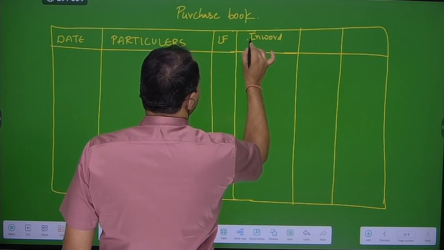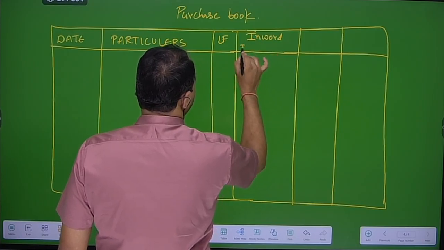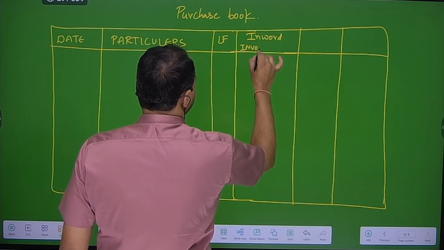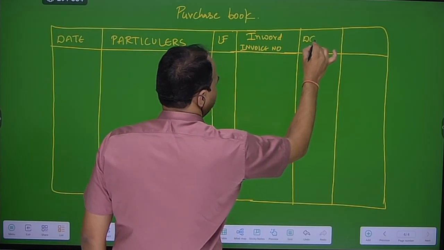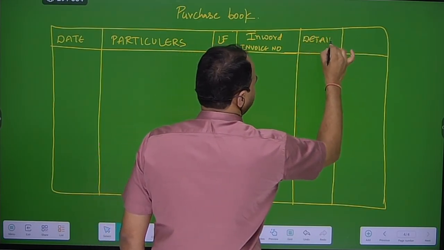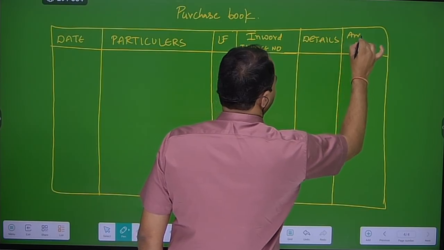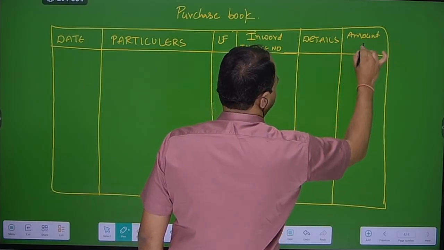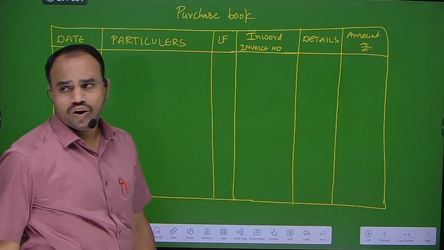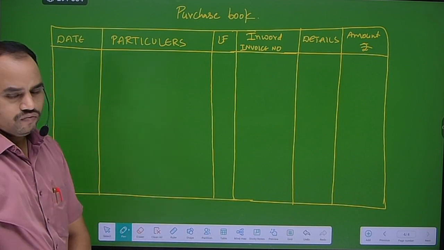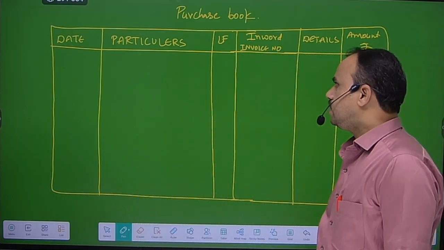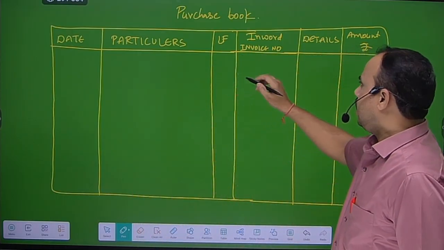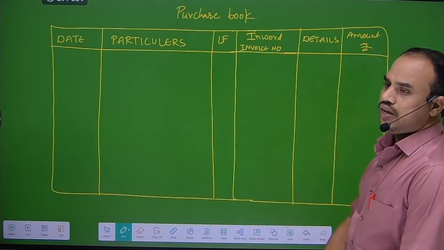Here details, and here amount in rupees. This is the format of the purchase book: date, particulars, LF, inward invoice number, details, and amount.